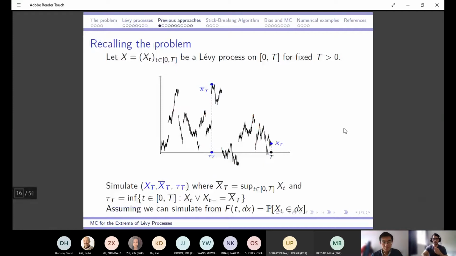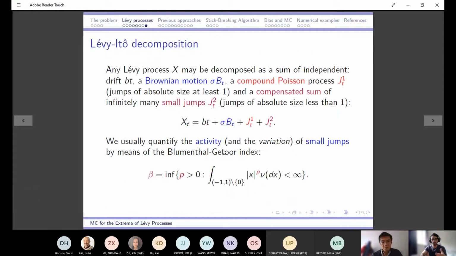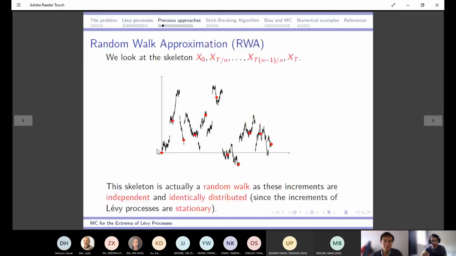So what will I do? Well, I will take n exponential random variables with mean T over n. And then as I add all of these, they will have on average length capital T. And hopefully the variance of this random number will get closer and closer to 0. So in a way, what I'm doing is like a random grid, just like this one.